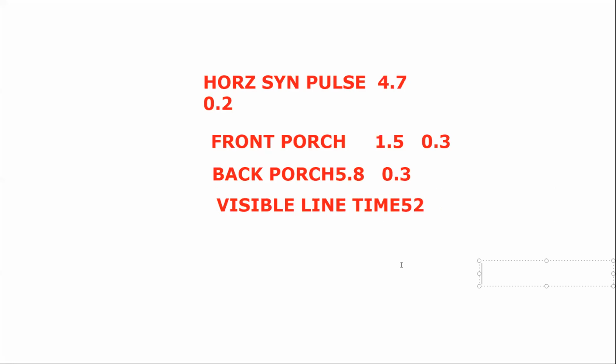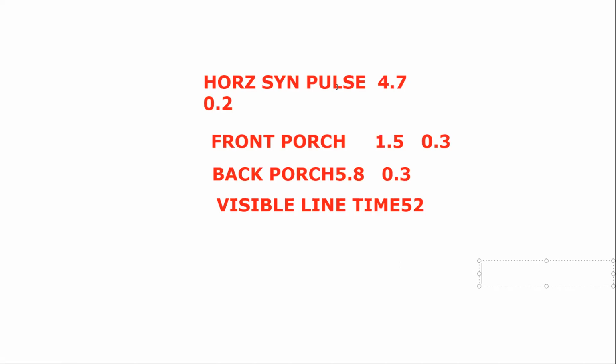So the front porch is this. This is a very brief period, where 1.5 microseconds is inserted between the end of the picture details for the line and the leading edge of the synchronization pulse.